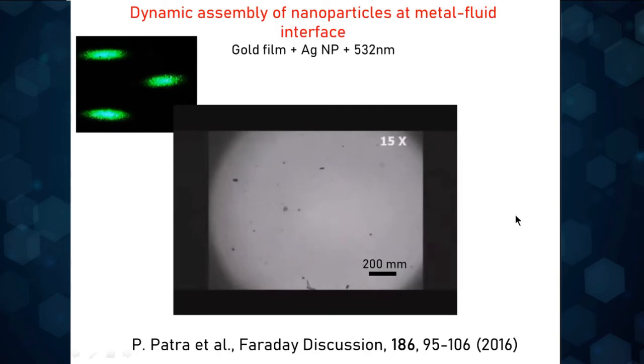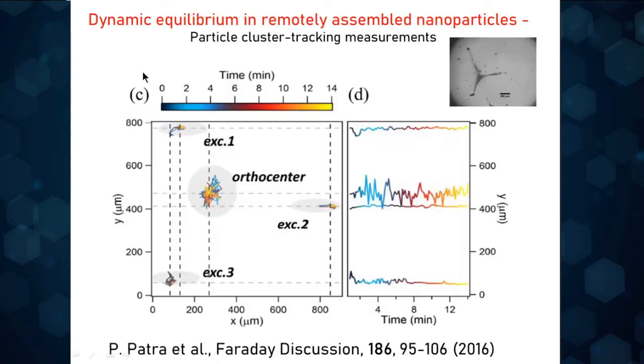Now, this can be studied in slightly greater detail. You can look at the dynamic equilibrium in such structures by performing something called particle cluster tracking measurements. For example, you can have these 3 locations, and very interestingly, the aggregate which forms at a particular location is exactly at the orthocenter of an isosceles triangle.